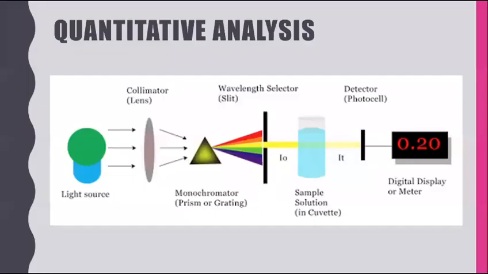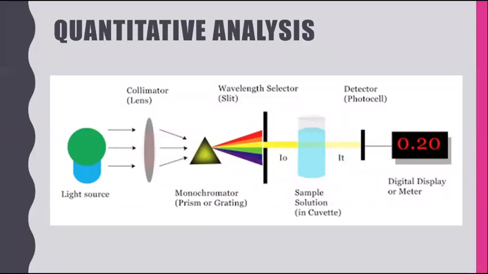So to begin with, when we look at quantitative analysis, what we need is numbers, don't we? We're looking for a concentration. That's the number we're hunting. To find the concentration of an unknown substance, I'm reading along your notes now, a UV visible spectrometer can be used.